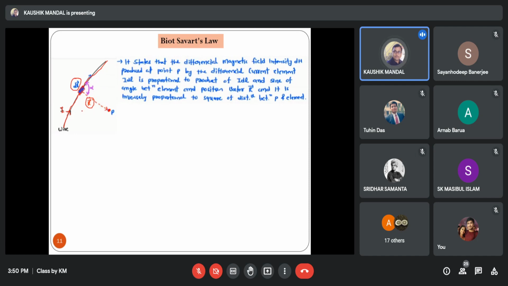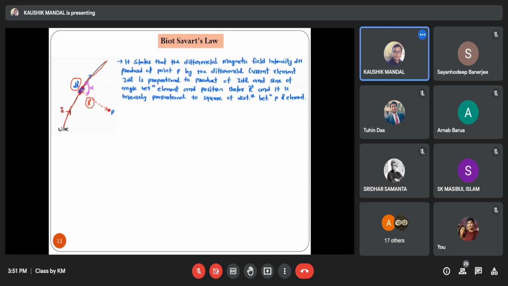So first we have to know the position vector of the corresponding point where we have to find out the magnetic field strength. Then we have to consider an elementary or differential length on the conducting wire. For this differential length, we will calculate the magnetic field strength.